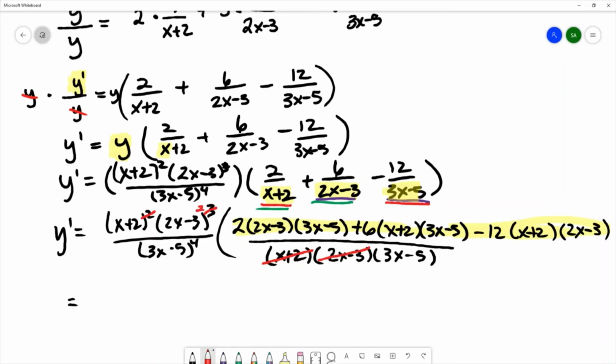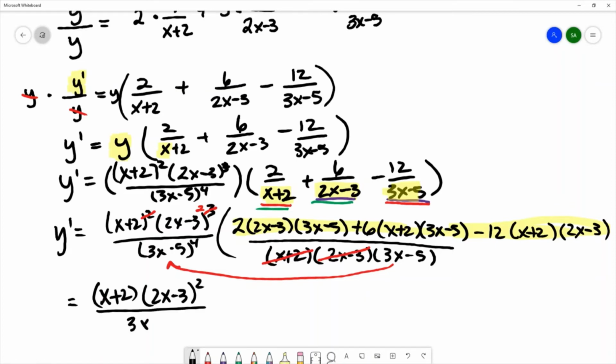And this 3x minus 5, it wouldn't cancel, it would combine with that one to be 3x minus 5 to the 5th. So that becomes x plus 2 times 2x minus 3 squared over 3x minus 5 to the 5th.